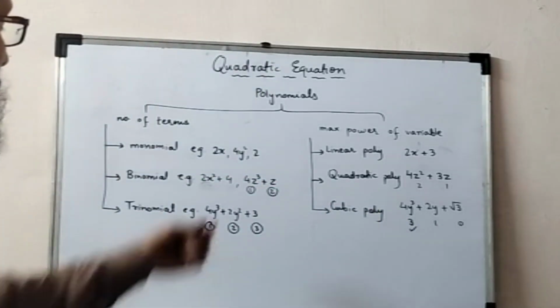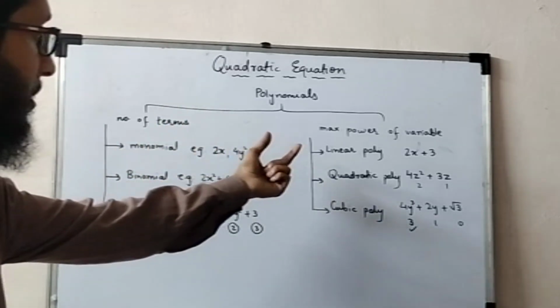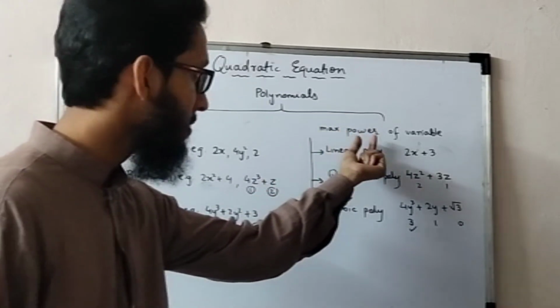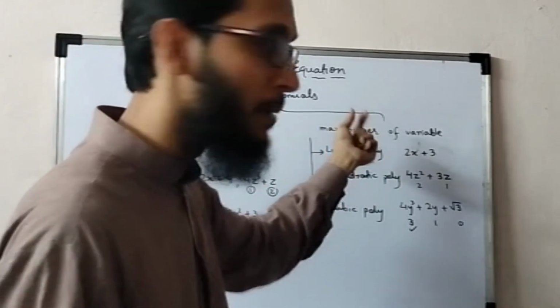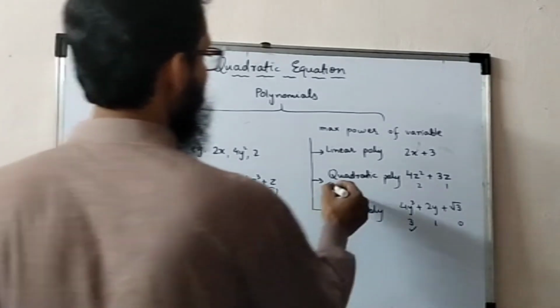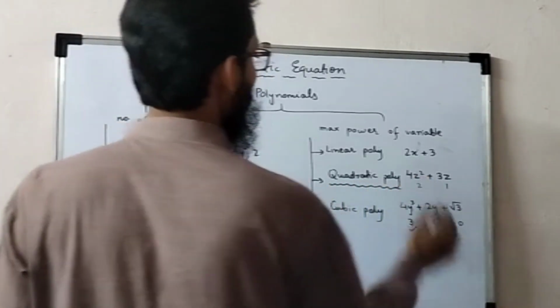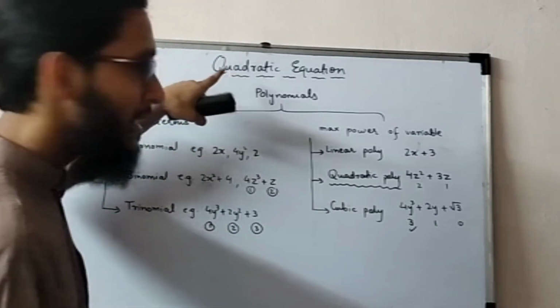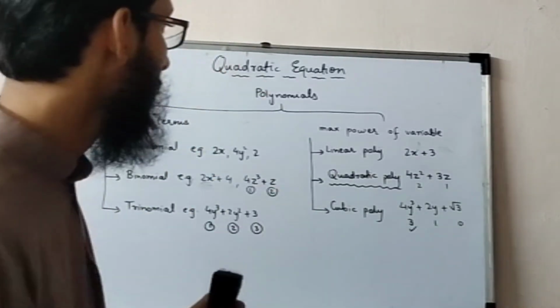Okay, these are the types of polynomials divided on the basis of number of terms and on the basis of maximum power of variable. Okay, but we have to focus on this quadratic polynomial because our topic is quadratic equation.